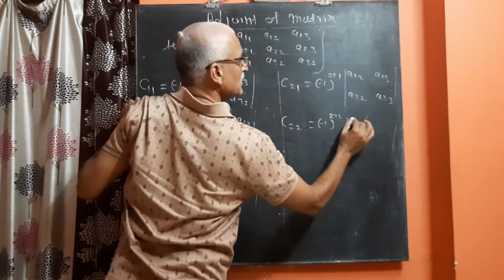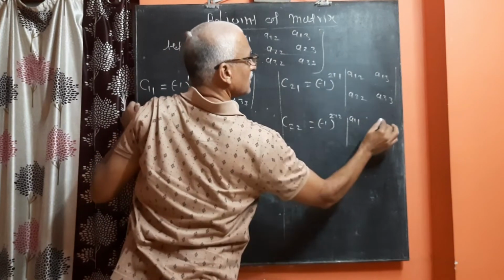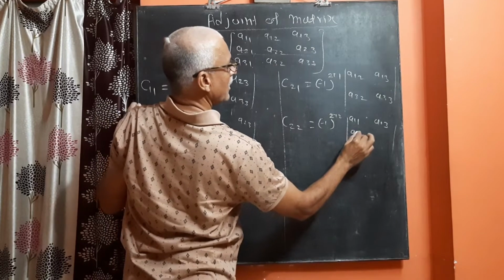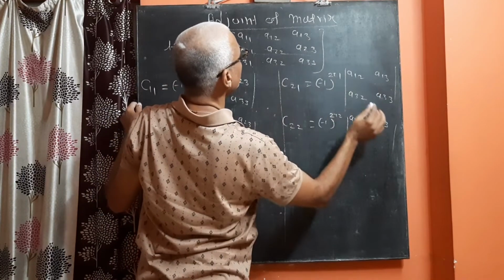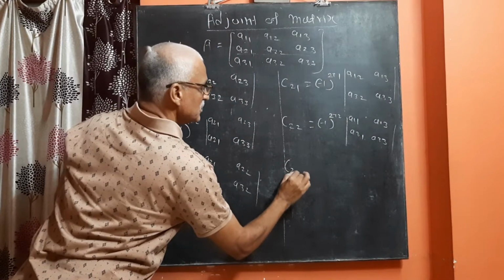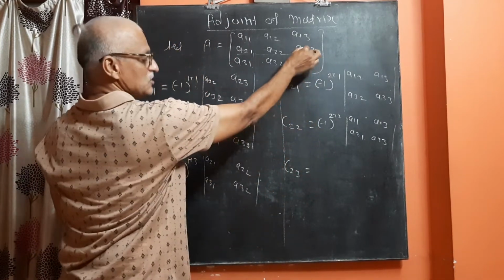So this is A11 A13, this is A31 and A33.